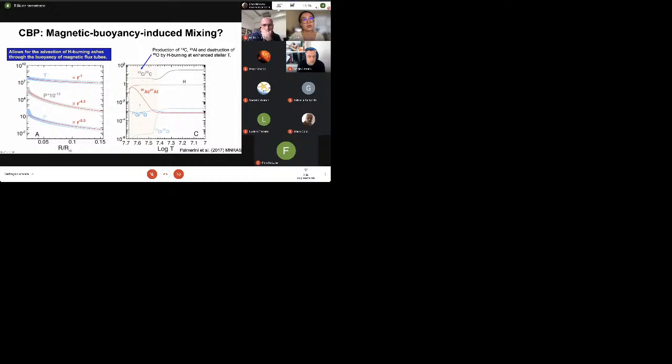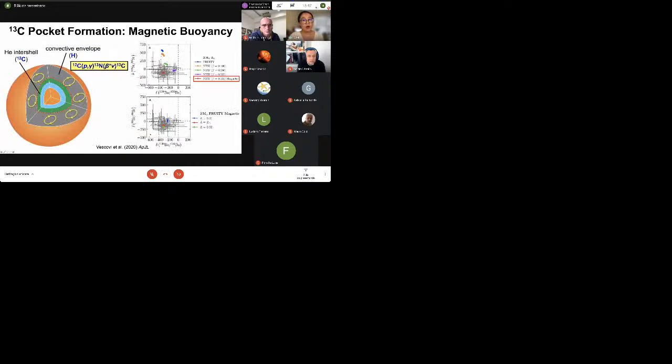As a result, we see much enhanced carbon-13 and aluminum-26 productions and also oxygen-18 destructions in these deep layers.